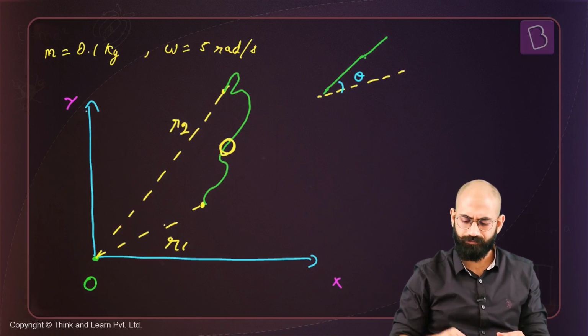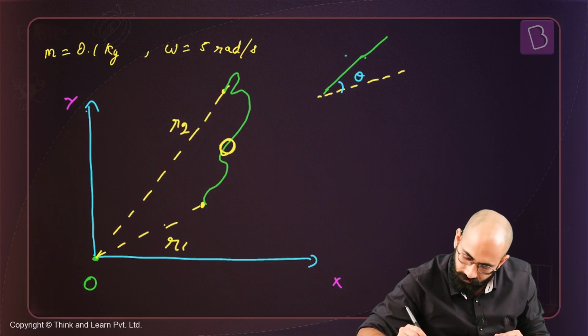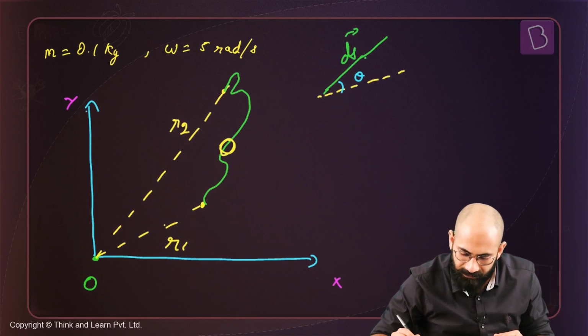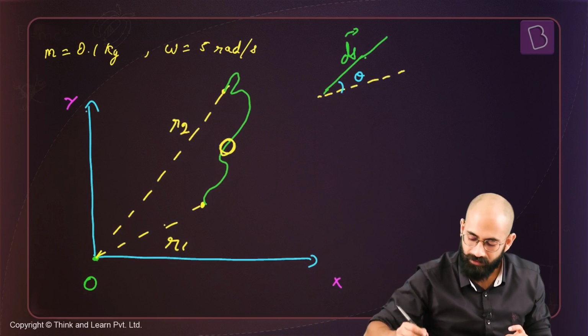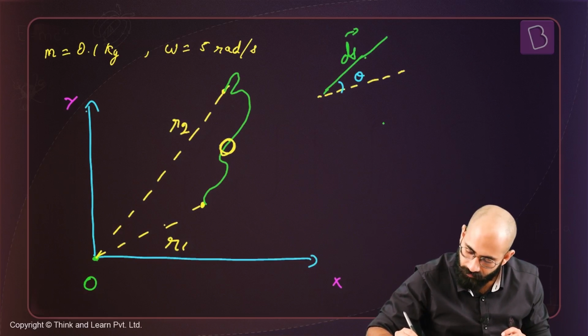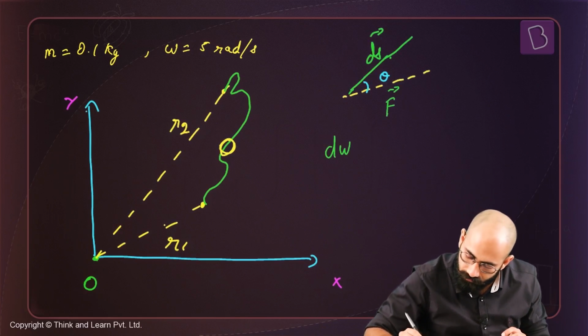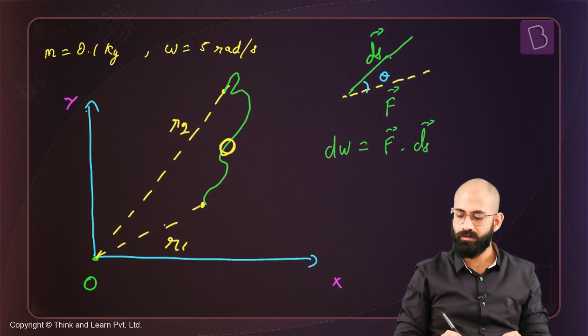So if this displacement vector is ds, right, and let's say the centrifugal force vector, let's call it F vector, then dW will be F vector dot ds vector, correct?